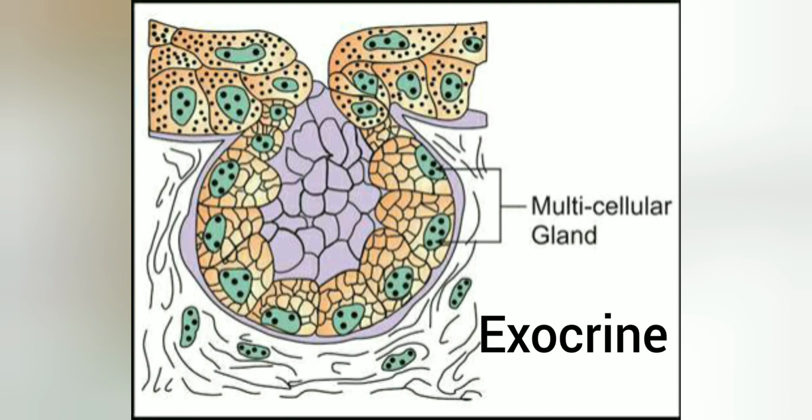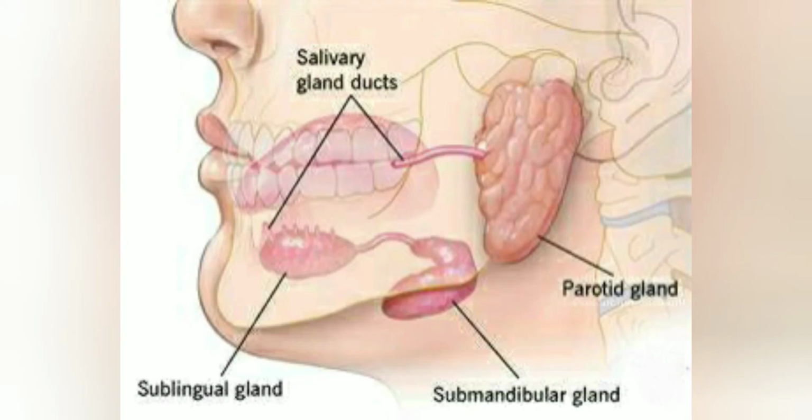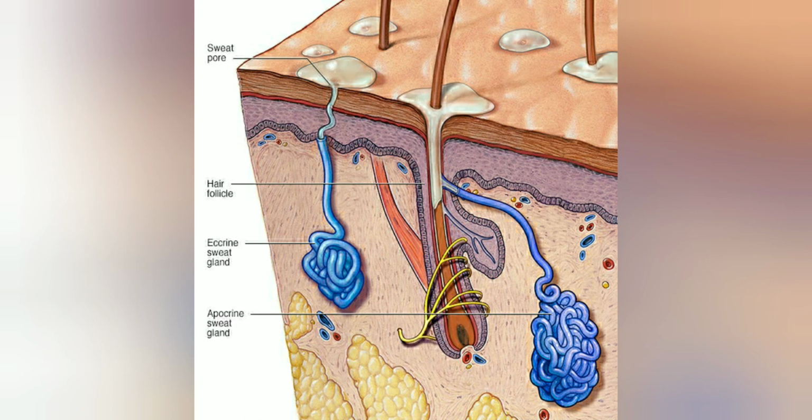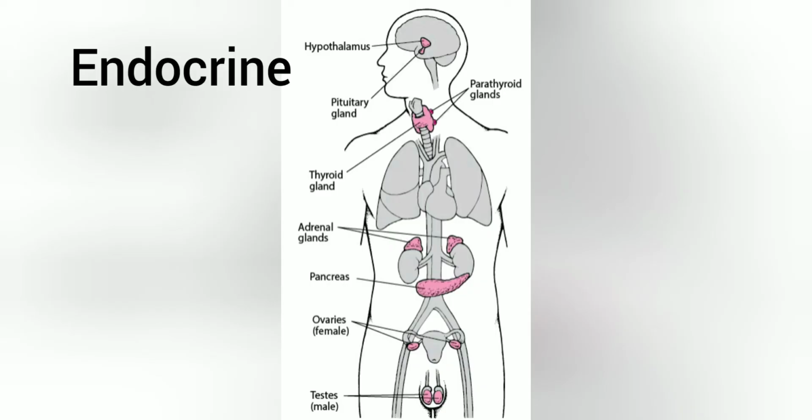So they pour their secretion at the specific site. For example, you have salivary glands, sweat glands, etc. Then if we say endocrine gland, then we know that duct is absent. So what they do is they release their secretions directly into the bloodstream.